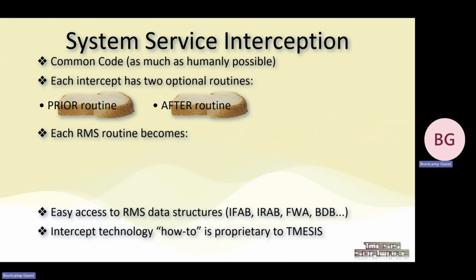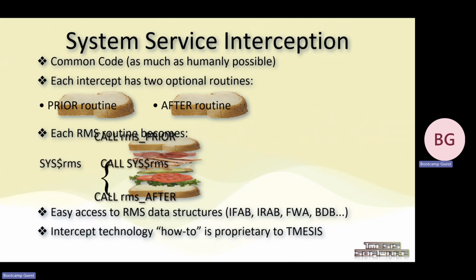Each routine, once I insert this stuff, becomes... oh, there it is. This really messed up. But the SYS$RMS call, the stuff in the middle, the meat, that's RMS. So there's the prior routine and the after routine, sandwiching all of that.